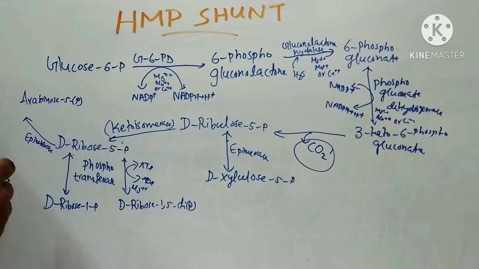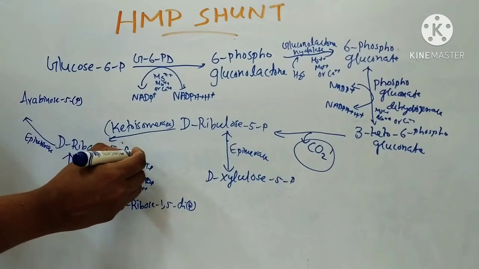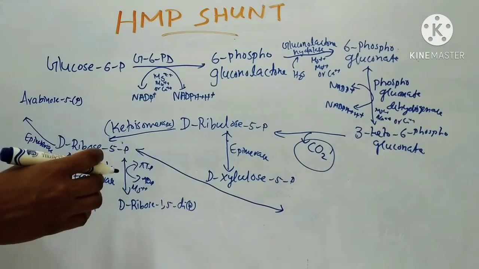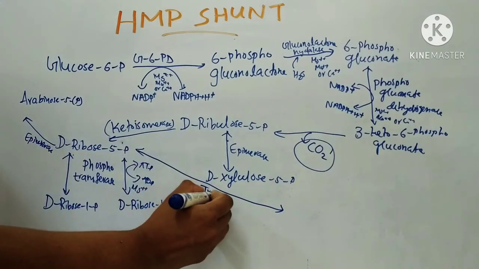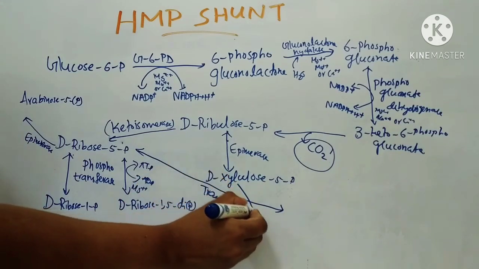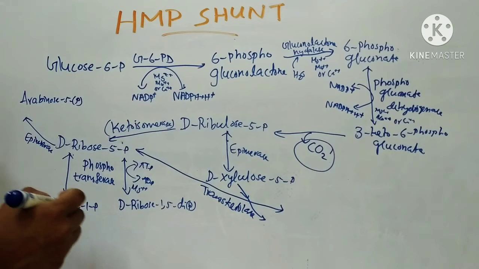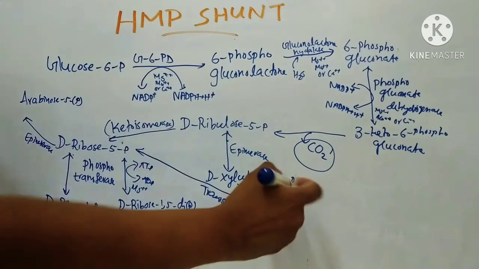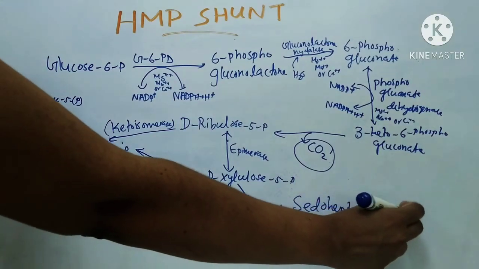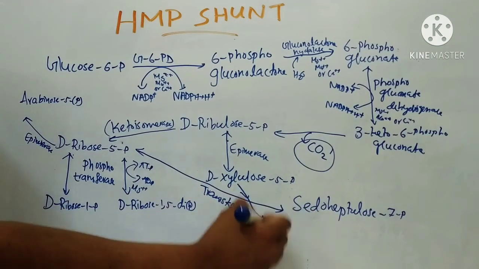So coming to the reactions, ribose 5-phosphate combines with D-xylulose 5-phosphate by the enzyme transketolase. It forms sedoheptulose 7-phosphate plus glyceraldehyde 3-phosphate.